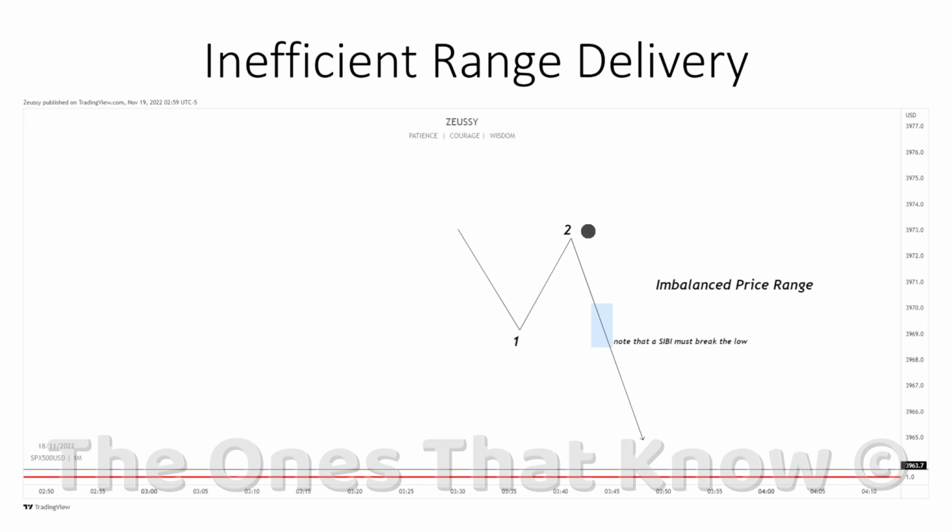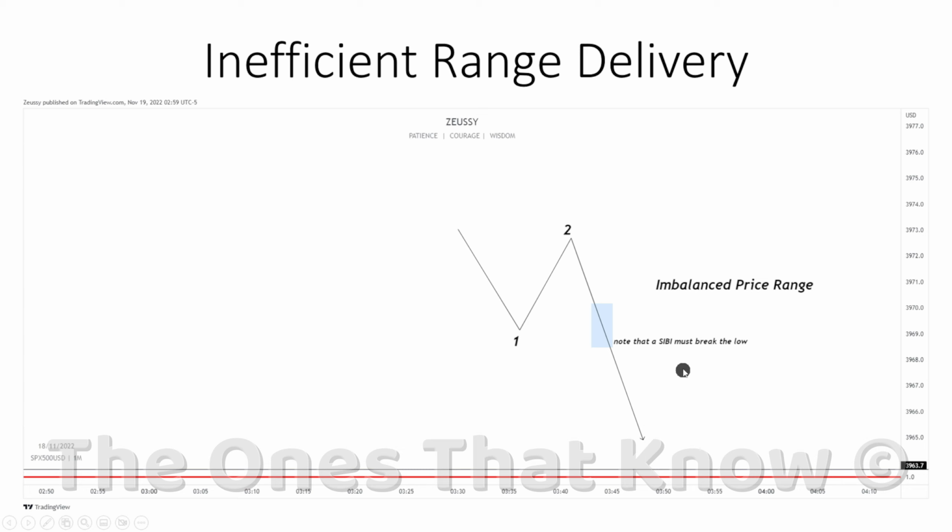So, buy side has to be delivered again within this price range in order for the market to make this a balanced price range and thus deliver efficiently and thus be allowed to expand lower if that is the expected direction or if the draw on liquidity is lower.